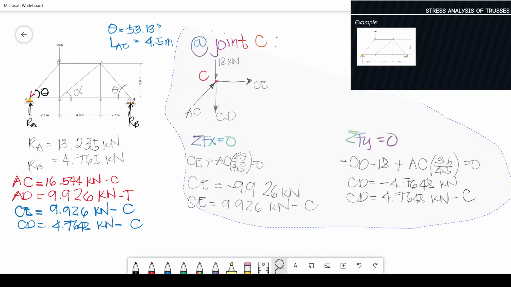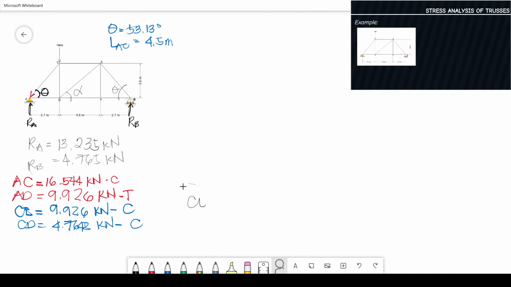As I said, from left to the middle. Since this is compression, let's proceed to letter D. At joint D, we have a lot of forces, a lot of members.